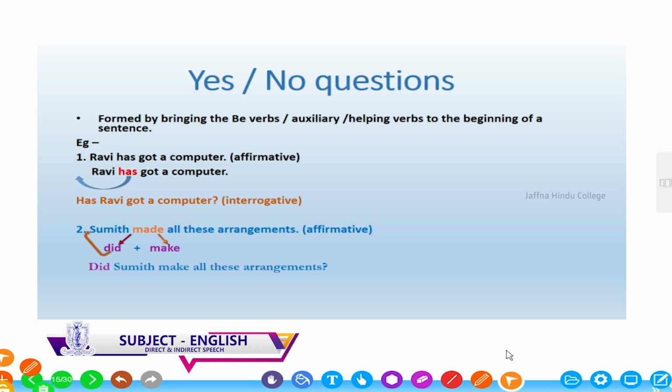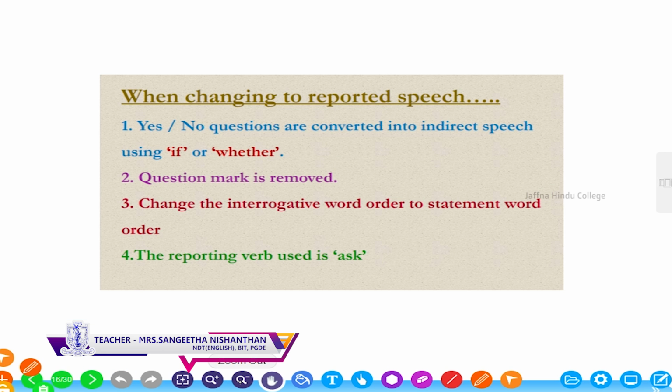We separate it and bring it to the very beginning. And now the question is, did Sumit, the verb is now make, the verb stem is here, make all these arrangements? This is a yes or no question. Now, when changing to reported speech.